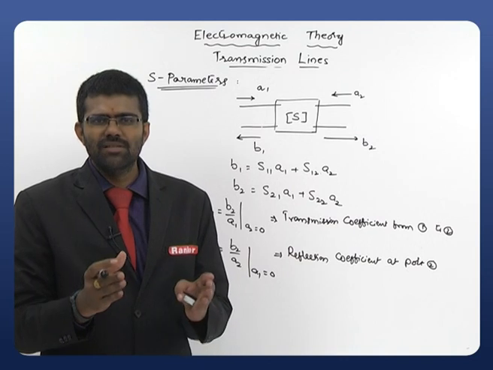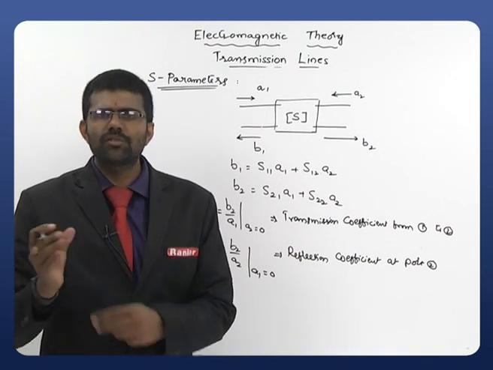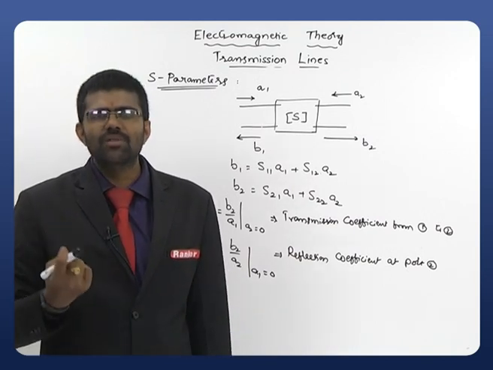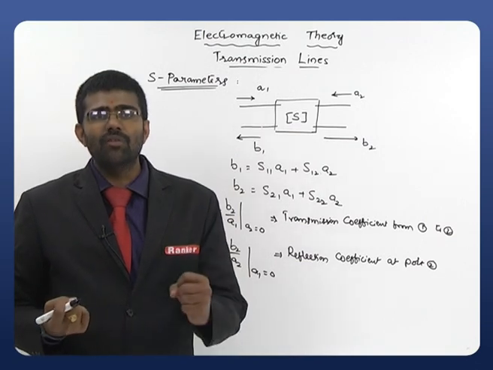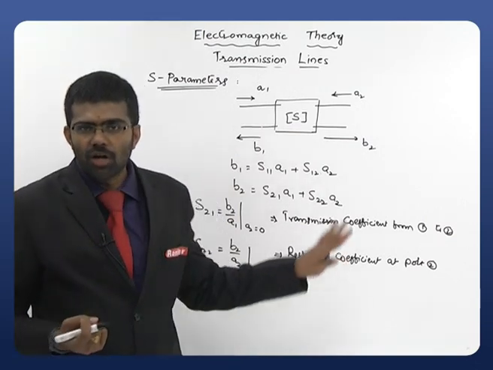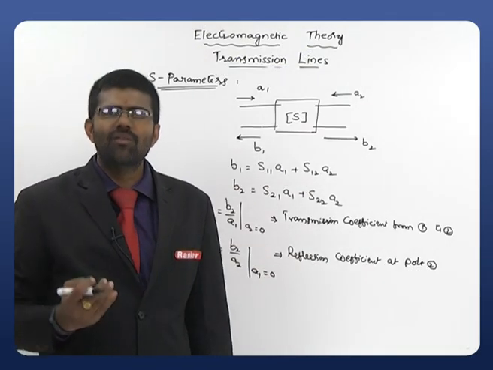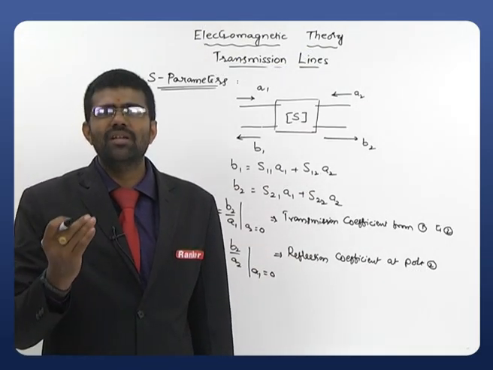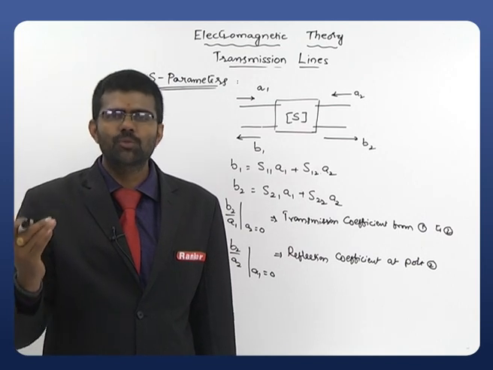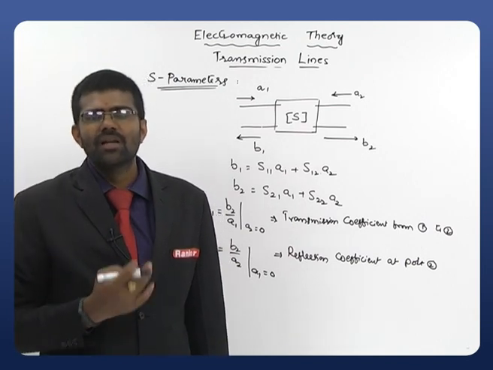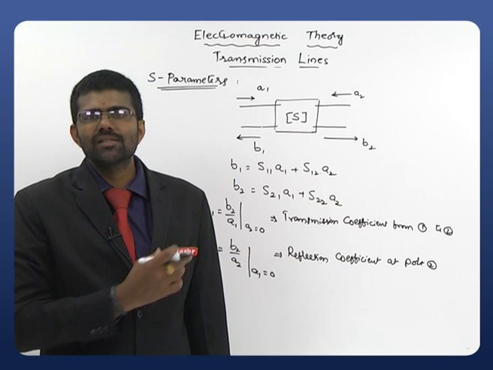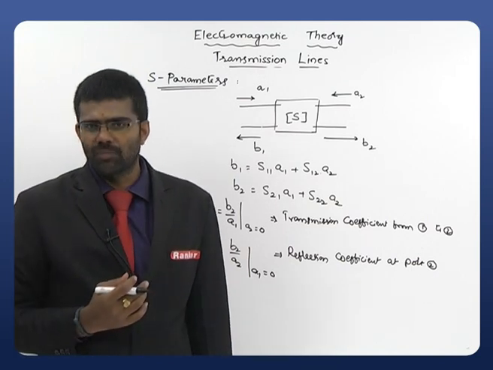Not only transmission line junctions, you can use them for microwave junctions also. Whenever a microwave junction is taken, it is about how the power will be distributed. Actually they are not meant for power, they are meant for voltage, but the same analysis can be applied for power also. So how the power will be divided or distributed among all those ports can be analyzed using our scattering parameters, and this is a simple derivation and analysis of our scattering parameters.